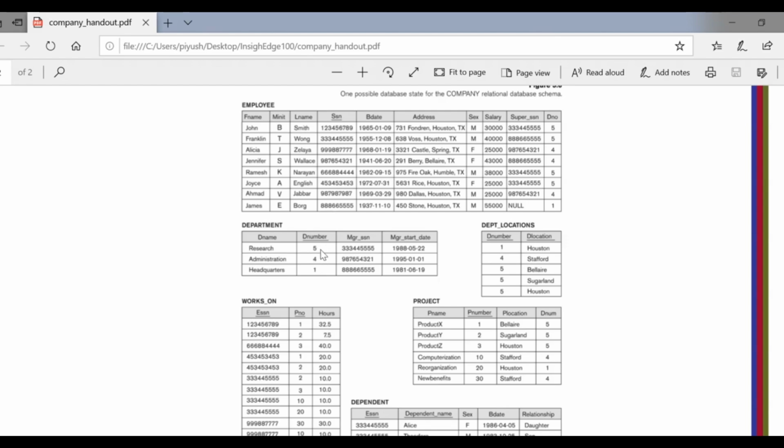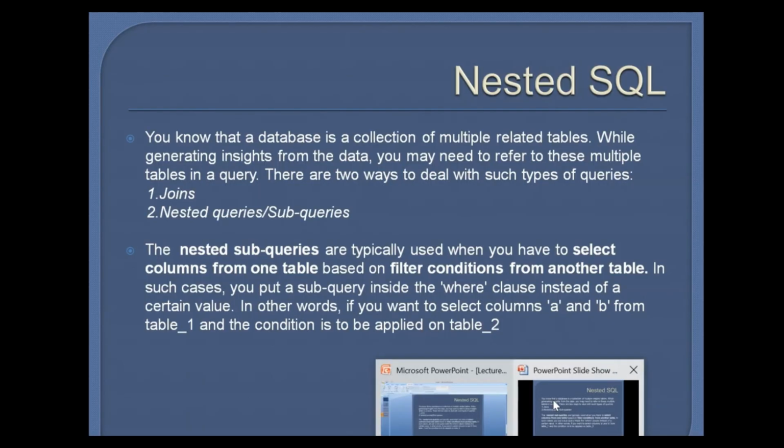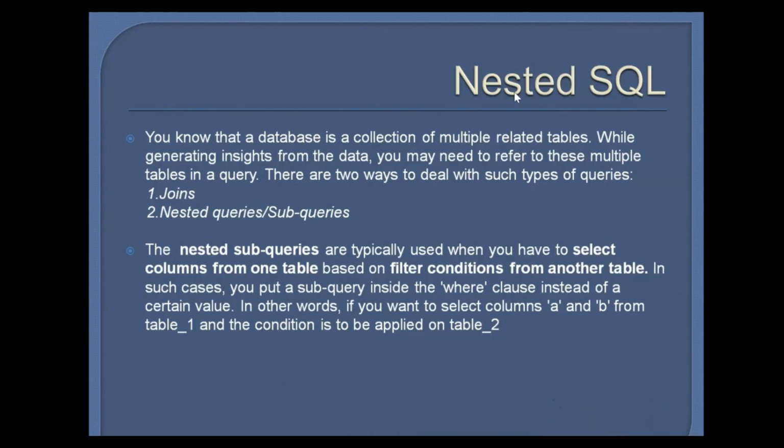How are you going to do this? The way to do this is by using the nested SQL. Now the nested SQL are of two kinds. First the join and second the nested queries or subqueries. The join we will take a look into in the next session. For now we will focus on the nested queries and subqueries.